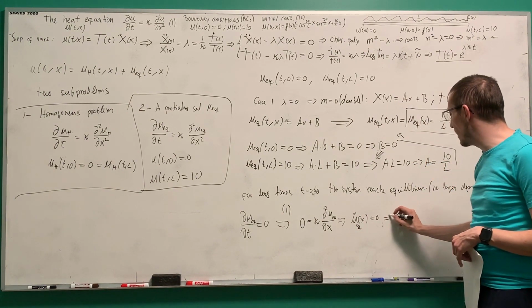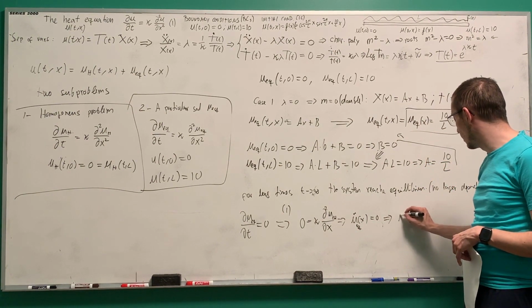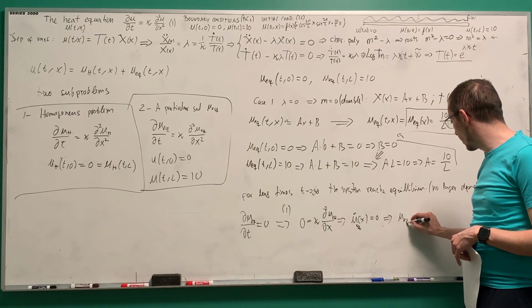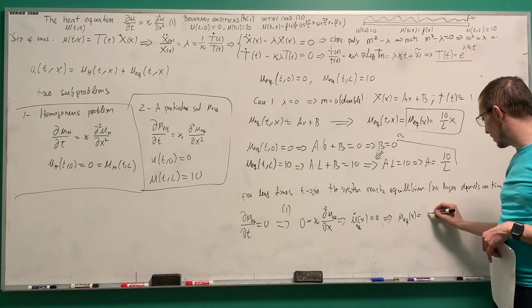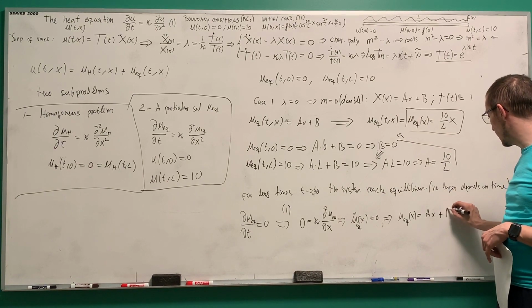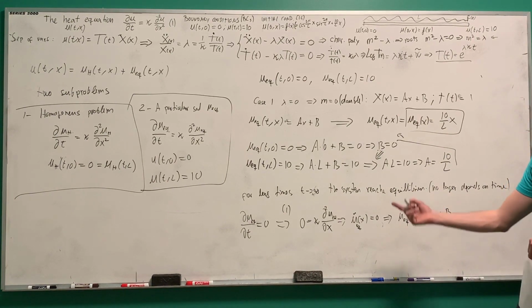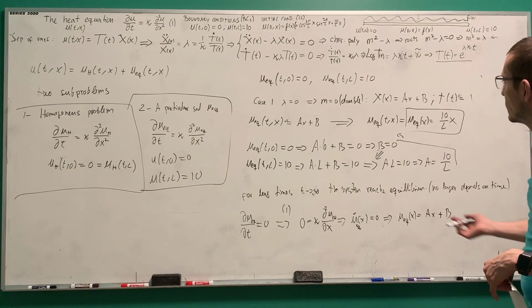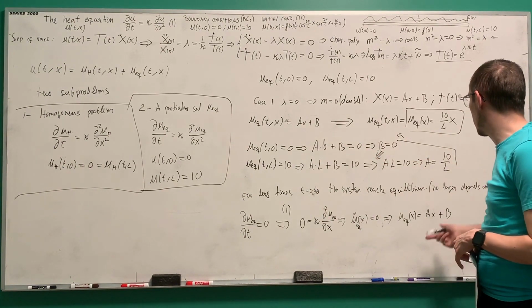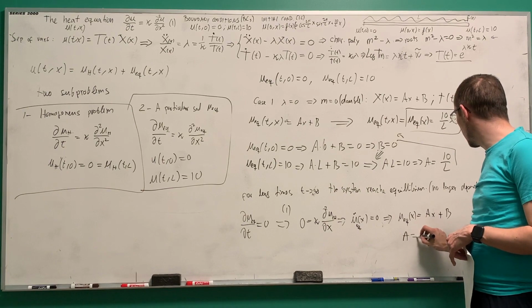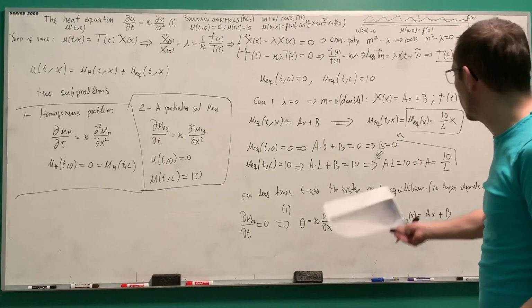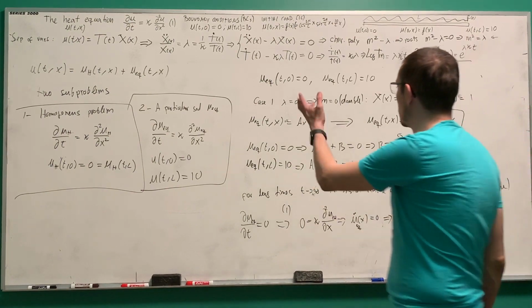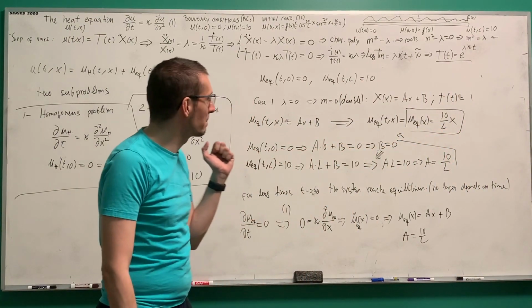If you integrate twice, you get that u equilibrium of x is equal to ax plus b, right? If you take the second derivative of that, you get 0. And then you impose the conditions, same as we did here, and you get again the same thing, that it is equal to 10 over L. Either way works. That's the one that you would find in textbooks usually. That's the systematic one using the method that we learned, okay?